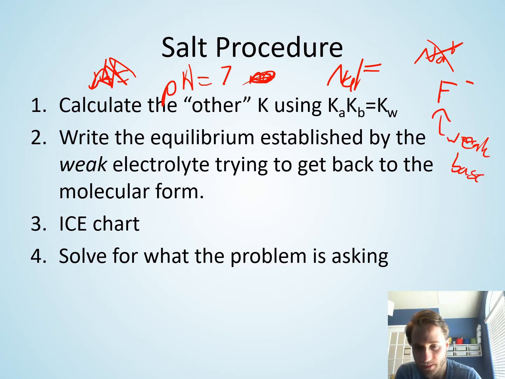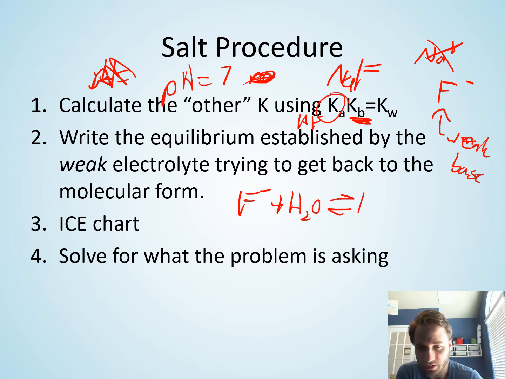base. So what we'll need to do is, if we aren't given the Kb for this weak base, we need to calculate the Kb from the Ka of HF, okay? And we write out the equilibrium established: F minus plus H2O going to HF plus OH minus.